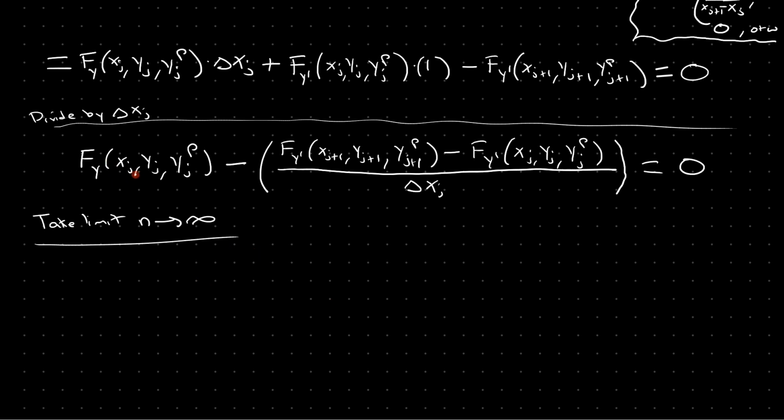For any given point, we're going to have here f_y evaluated at x, y_j, and y_j plus 1 prime goes to y prime. And I want you to think a little bit about what this entire thing goes to as n goes to infinity.